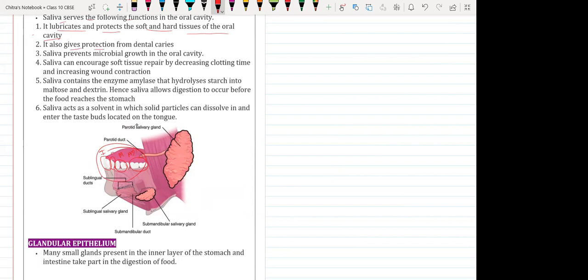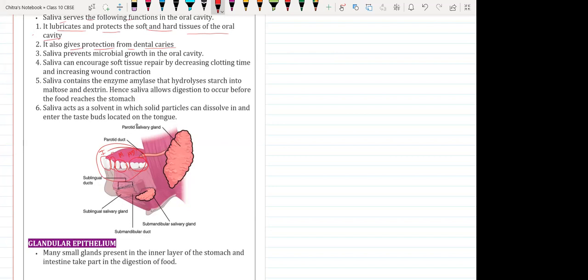It also gives protection from dental caries. It keeps the mouth medium basic in nature, because if it becomes acidic, there is harm. Suppose you are eating something fibrous and it gets stuck in the cavity of the tooth.